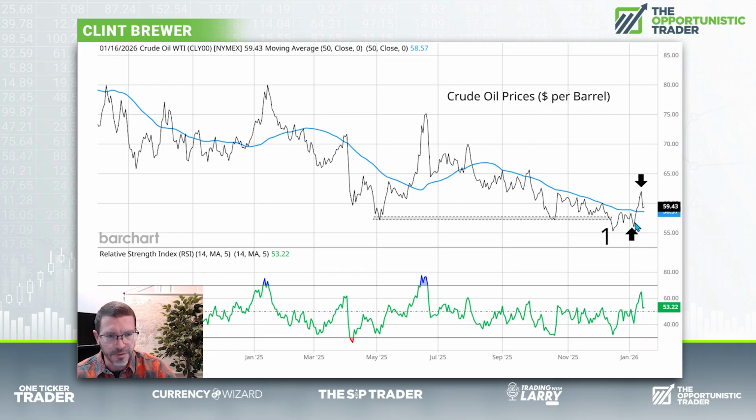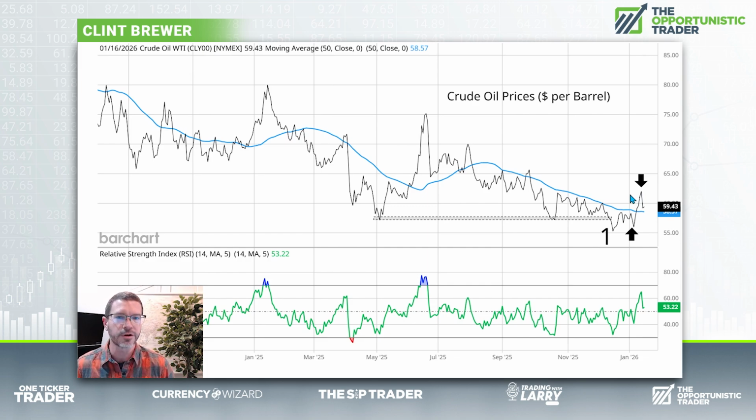And then you had this, I think following the Venezuelan events, a big move higher. This was a really meaningful break above the 50-day, because oil prices have really struggled going back three or four months to sustain any move above the 50-day. When that happened, you saw more buying pressure emerge to push oil prices higher, and we got that short-term move that we were looking for.